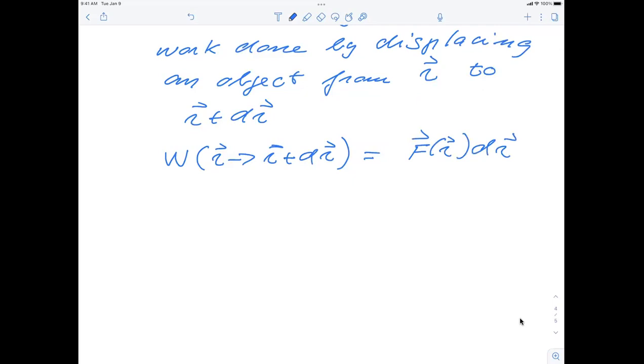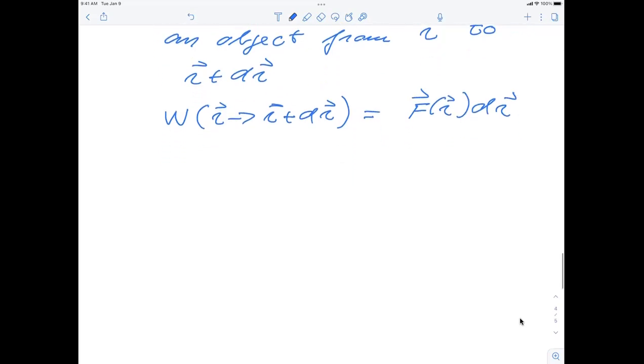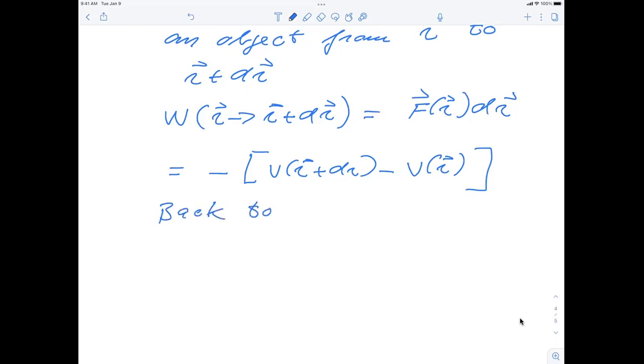This is the small piece, and then we would integrate that up. And what we have done then is actually to define this quantity. This is now defined as minus, when we now calculated the kinetic energy and put it up, V of R plus d of R minus V of R. So let me just quickly remind you about that. If we have a conservative force, now we are assuming that we have a force which conserves energy. So back to last week, let me quickly remind you of that.